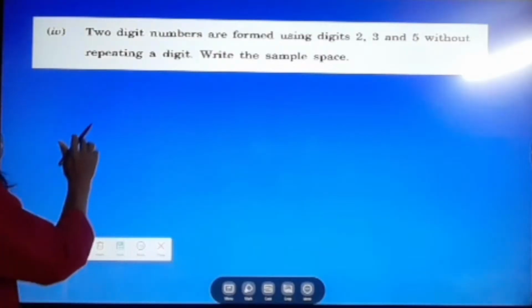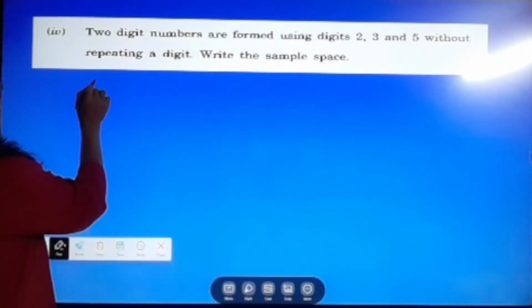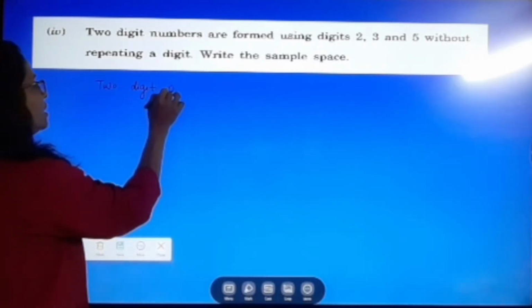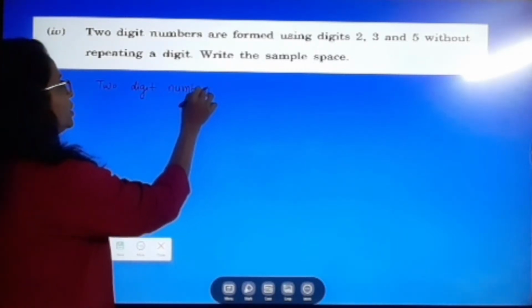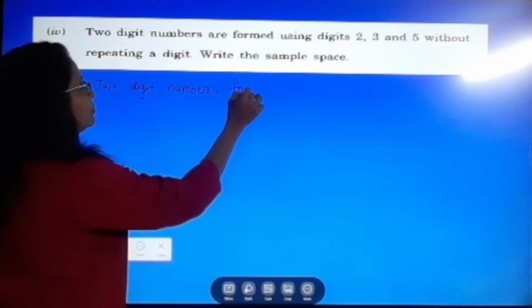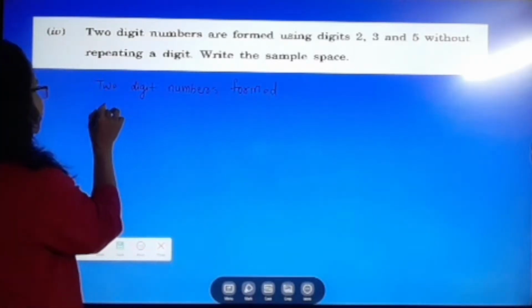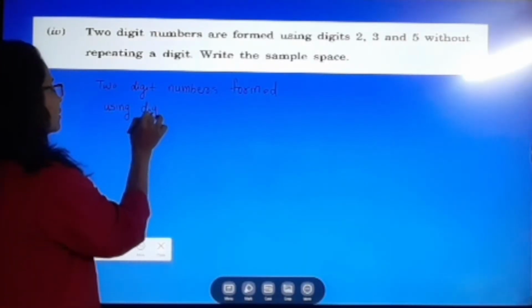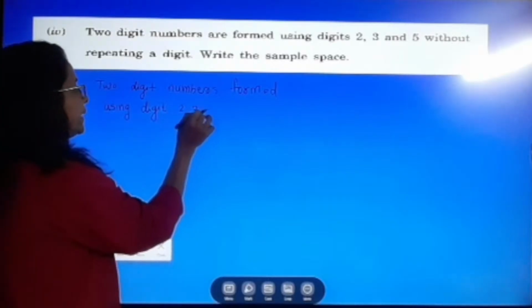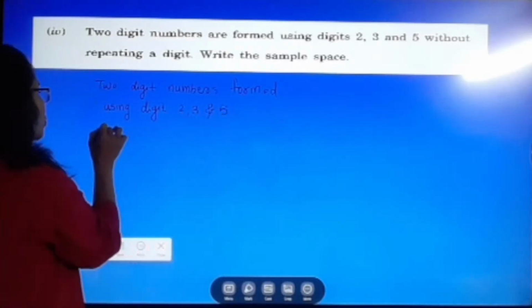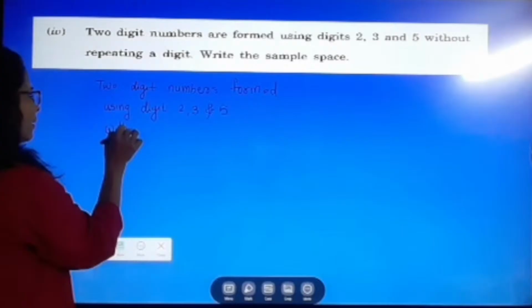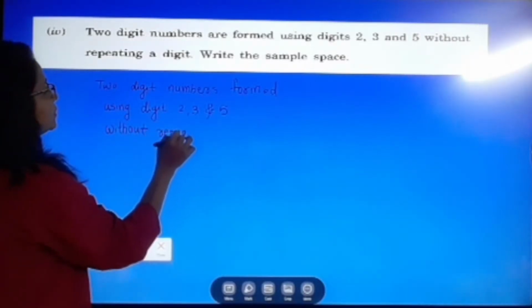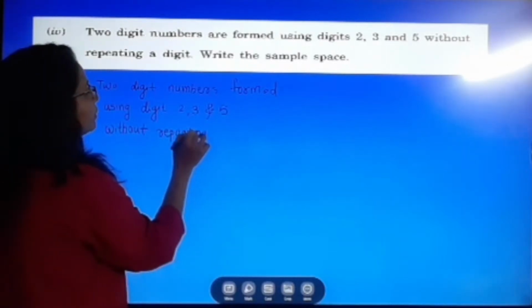First I write down: two-digit numbers formed using digits 2, 3 and 5, and also the condition is that without repeating a digit.